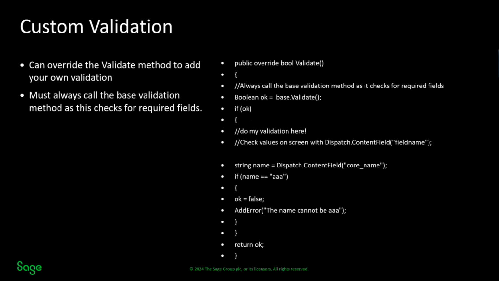commit process. So when it comes to custom validation, we can override the default validate method, which is part of the build contents. So here the validate is being invoked.